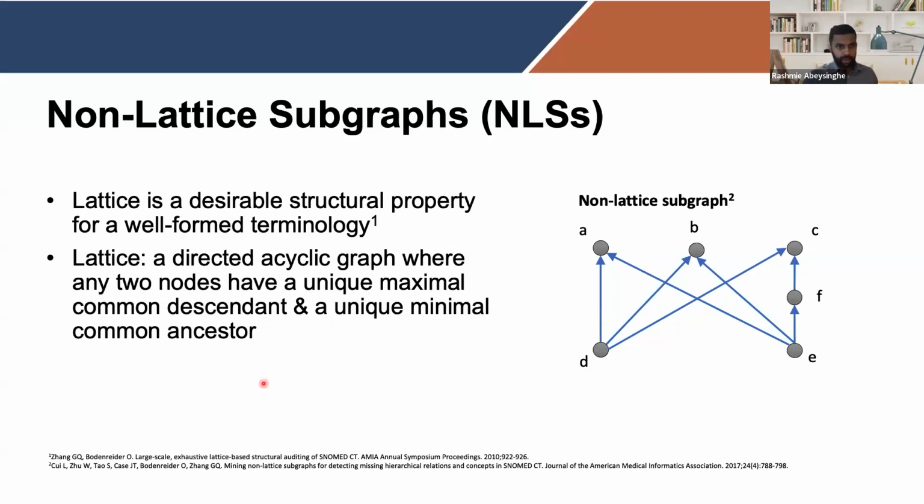The definition of a lattice is a directed acyclic graph where any two nodes have a unique maximal common descendant and a unique minimal common ancestor. Pairs of concepts that violate this lattice property are known as non-lattice pairs. A non-lattice subgraph is extracted from a non-lattice pair through a reverse computation, by obtaining the minimal common ancestors of the maximal common descendants of the non-lattice pair.